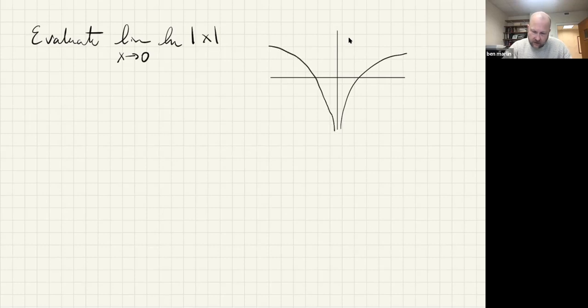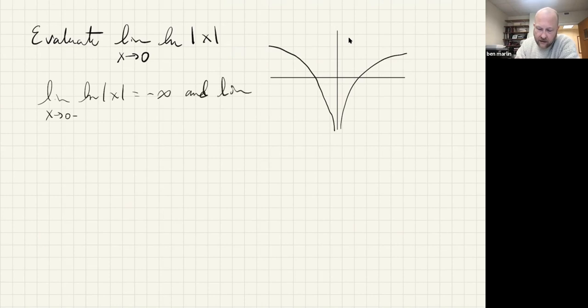So yeah, my picture's not all that great, but now you can see that the limit as x goes to 0 from the left of the log of the absolute value of x is going to be equal to minus infinity, and the limit as x goes to 0 from the right of the log of the absolute value of x is going to be equal to minus infinity.